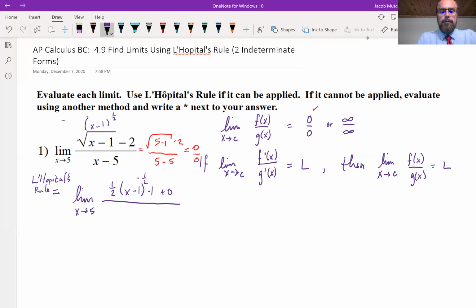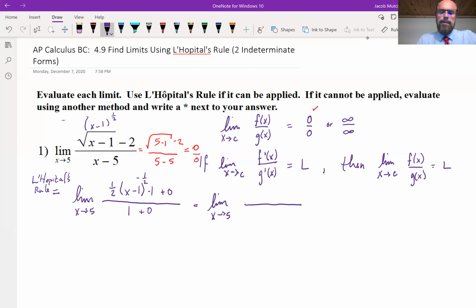So I took the derivative of the numerator, and we'll simplify that. But first, let's take the derivative of the denominator. So the derivative of x minus 5 is just going to be 1 plus 0. And now I do want to simplify. So at that point, I'm going to write equals. I don't have to write L'Hopital's because I'm not applying it a second time. So we're looking at the limit as x approaches 5.